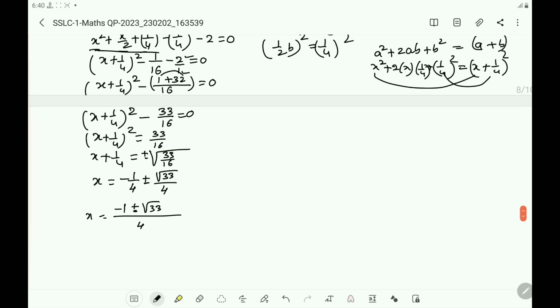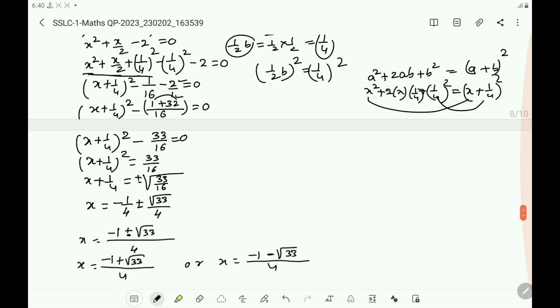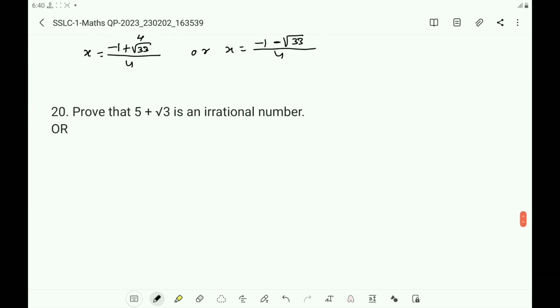Then here you take plus 1 time and minus 1 time. X equals minus 1 plus root 33 by 4, 1 root, or x equals minus 1 minus root 33 by 4 is the another root. In this way, by completing square method, you got the roots of the quadratic equation 2x square plus x minus 4 equals 0. Now you take the next question.